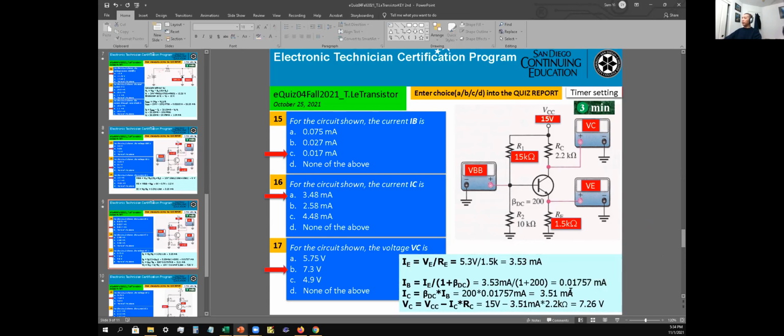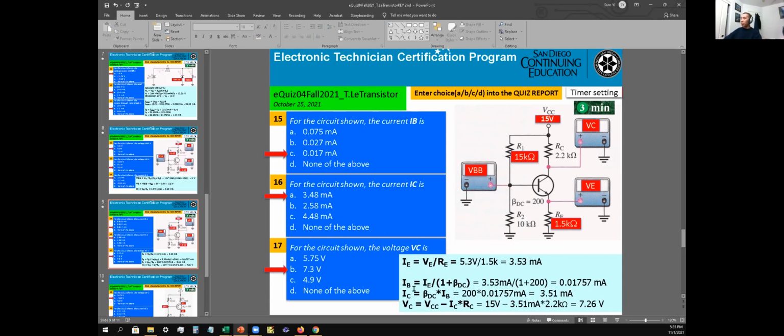That gives you 3.51 milliamps, which is close enough to your IE. If you use the rounded number, 0.17, it comes to about 3.48 milliamps. But I keep all the digits, so mine's a little bit more. The answer is A as in apple for 16.